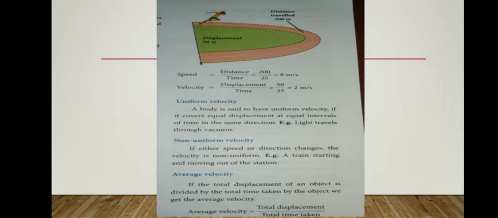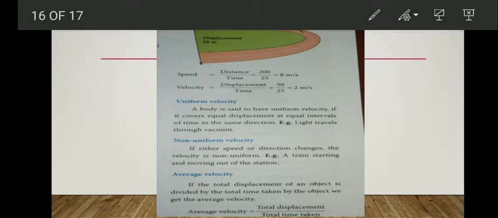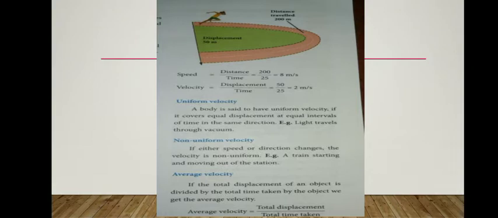Looking at the picture, the distance is 200 meters, divided by the time taken, 25. So the speed is 8 meters per second. Likewise, velocity is displacement by time. In the picture the displacement, the shortest distance, is 50 meters. So displacement by time equals 50 by 25, equal to 2 meters per second.